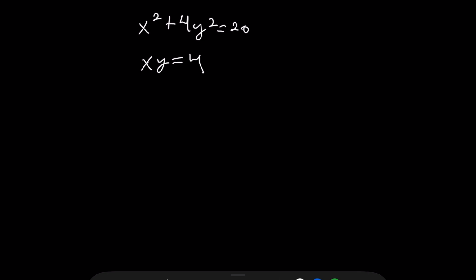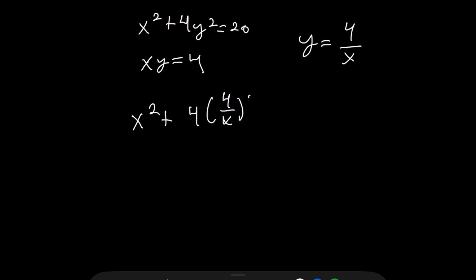All right. Now, honestly, I think the easiest way to do this is by substitution. y is equal to 4 over x, and plug that into the top equation. So if you do that, you get this.